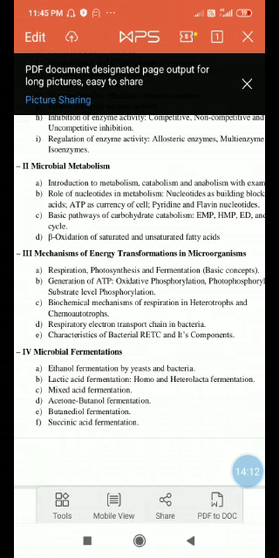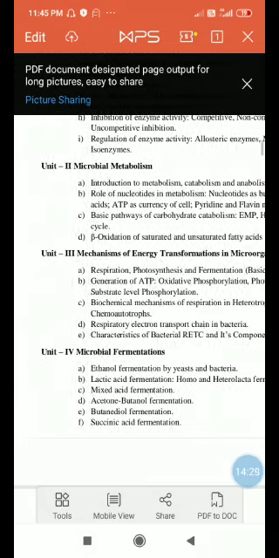C, biochemical mechanisms of respiration in heterotrophs and chemoautotrophs. D, respiratory electron transport chain in bacteria. And E, characteristics of bacterial RETC and its components.